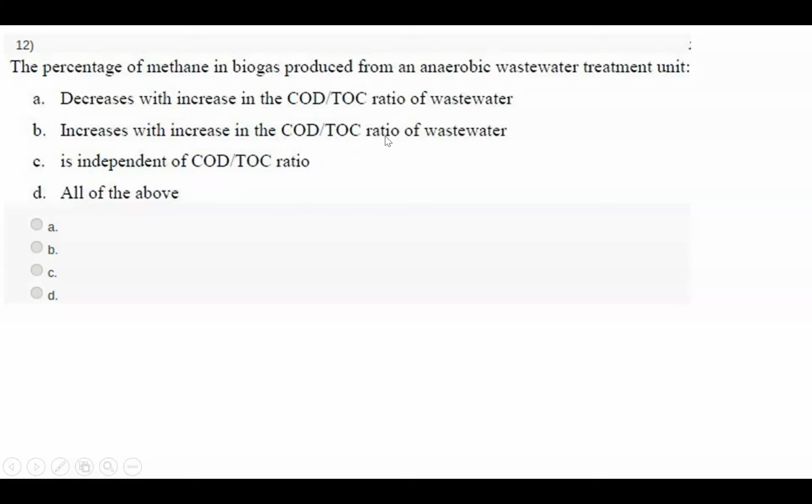So we need less total organic carbon and higher chemical oxygen demand. I will explain with some elaboration, just wait until this class is over. I will show you some things.